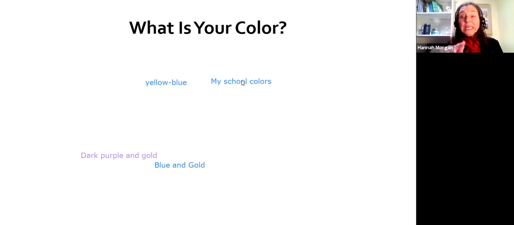So you don't really need to do anything with the wheel, Kathy. All you need to do is select a color that you like, and then you can choose what combination you're looking for, and it will match that color up with something else.